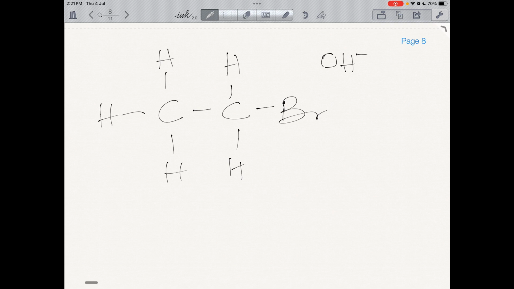The hydroxide ion cannot attack from the front here because the bromine has electrons around itself, so it's negatively charged, and the hydroxide is negatively charged. There will be electrostatic repulsion if it wants to come from here.